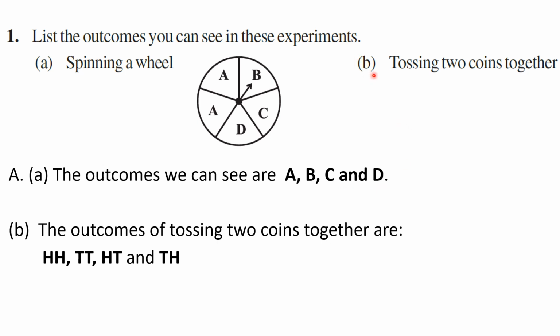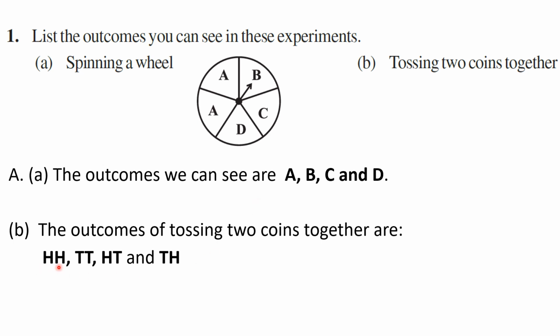Then part B, tossing 2 coins together. So let's imagine that the 2 coins are numbered 1 and 2 respectively. We toss them together. What can happen?